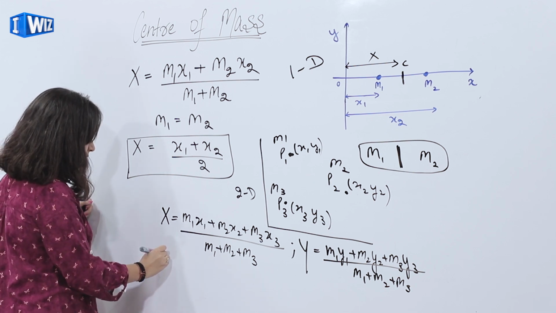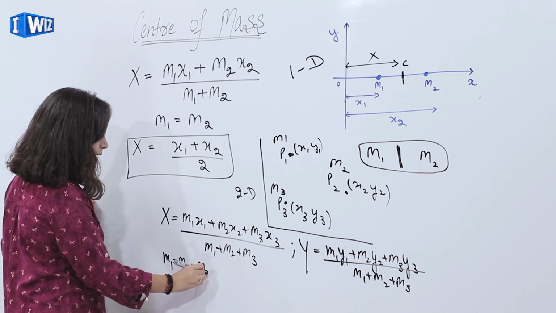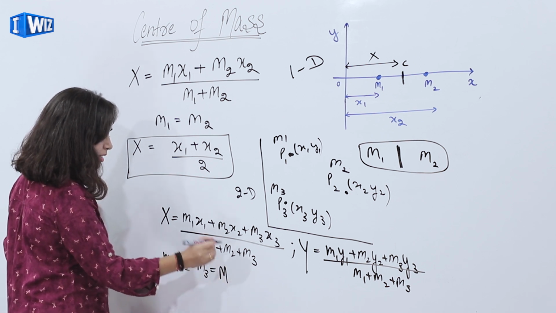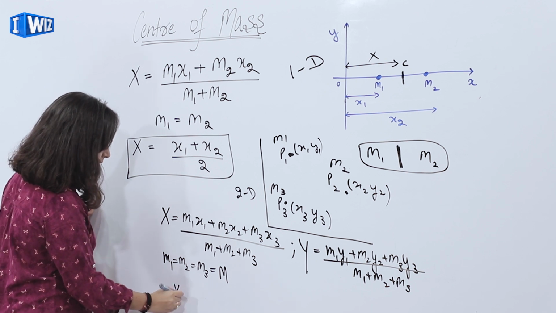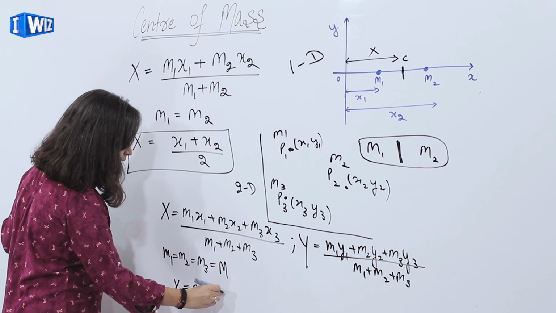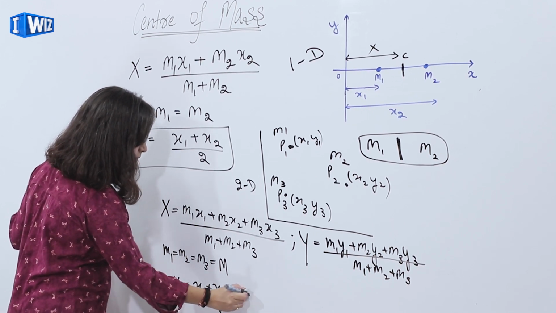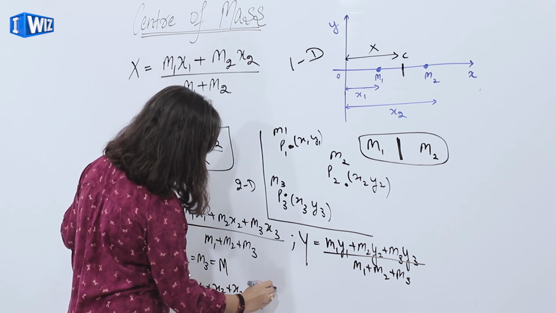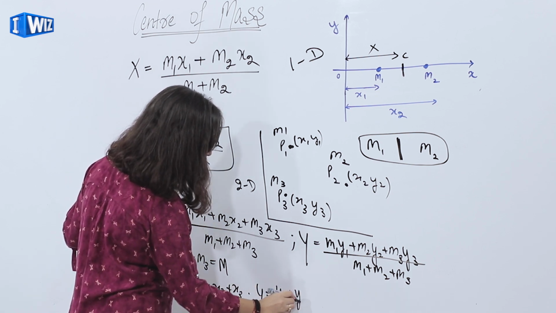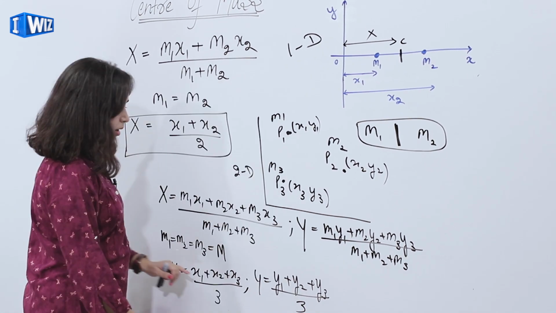Now again if we say m1 equals m2 equals m3 equals, say, capital M, then what will we get? x equals x1 plus x2 plus x3 upon 3, and y equals y1 plus y2 plus y3 upon 3.